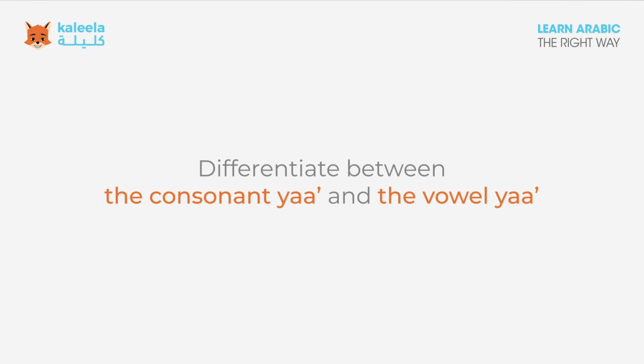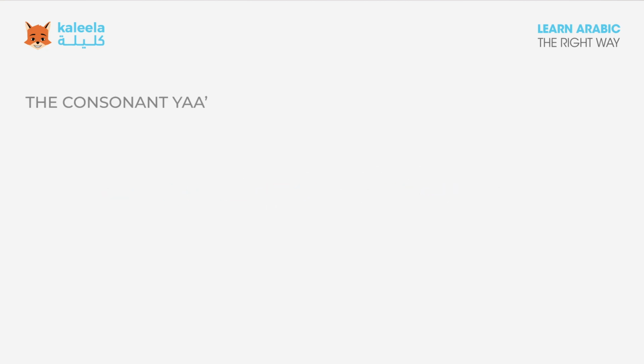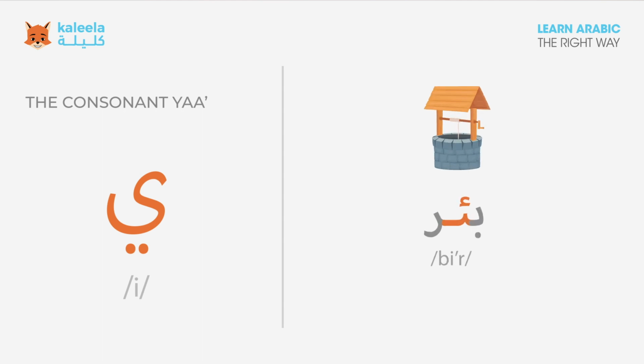Consonant Ya. When functioning as a consonant, Ya appears at the beginning, middle, or end of a word when it comes with the mark Hamza on top. It sounds like a short i as in bi'r. Let's take a look at an example.